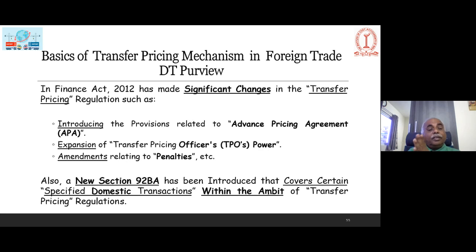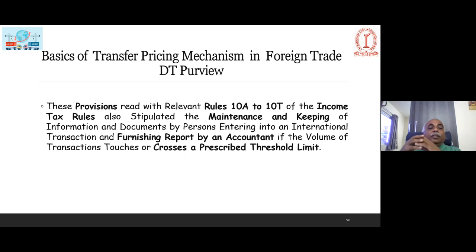Also, the new section 92BA was introduced. It covers certain specified domestic transactions within the ambit of the transfer pricing regulation. These provisions, read with the relevant rules, are also defined.